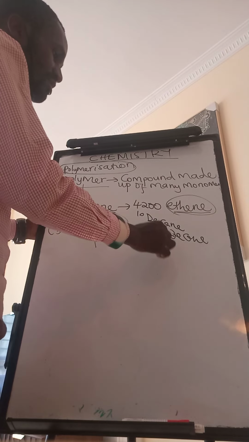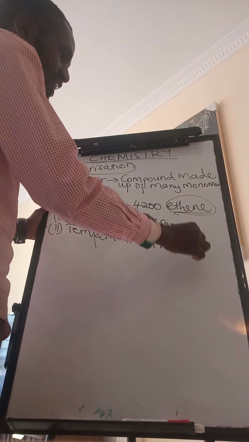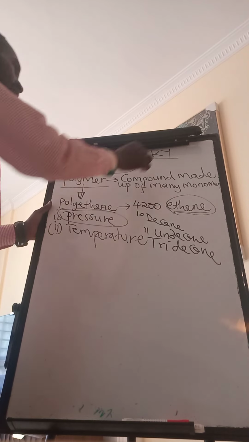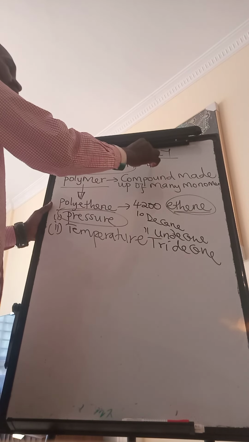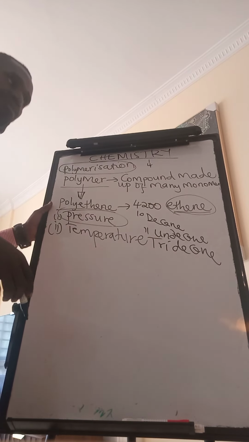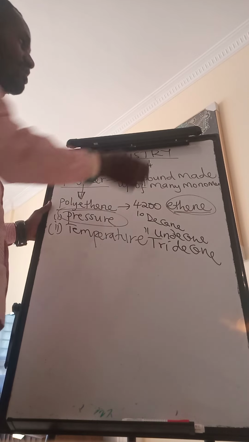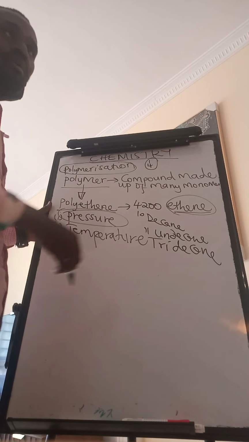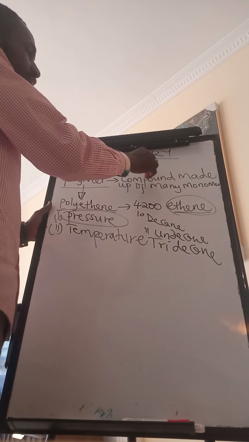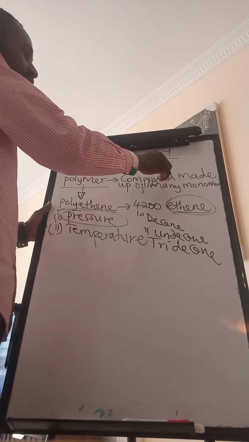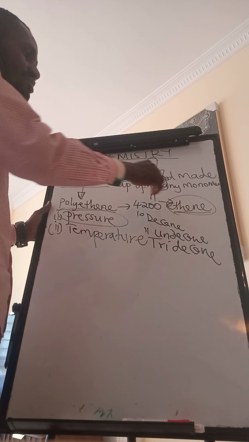Why? Because these ones are in solid state. From number 1 to 4, as far as alkenes are concerned, they are gaseous compounds. From number 5 to 10, they are liquids. From number 11 going forward, they are solids.